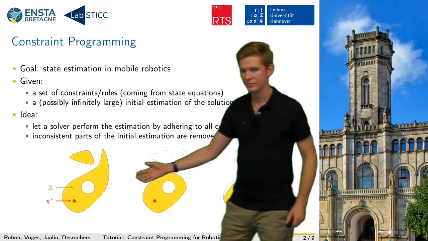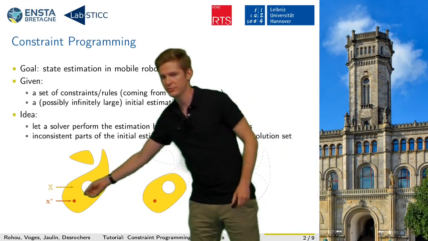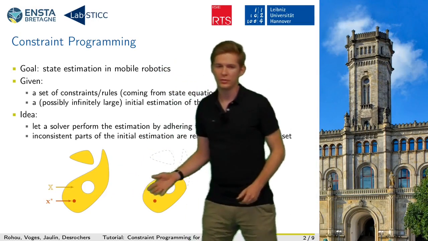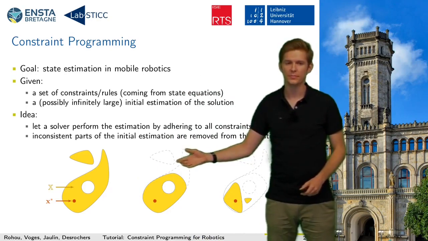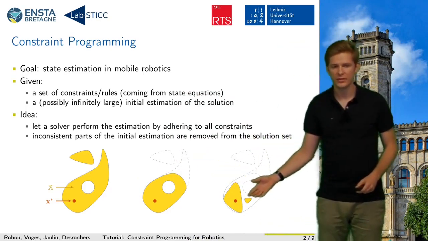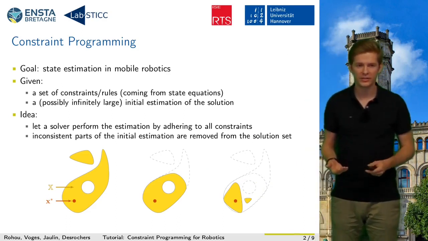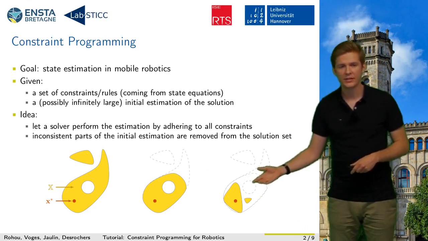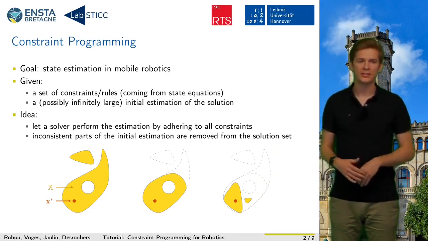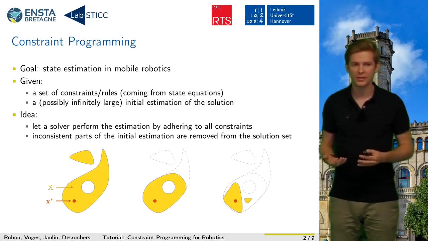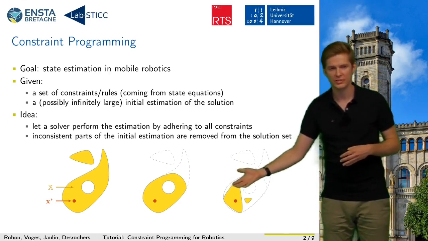So here, starting from this initial yellow solution set and here the true solution X star, we remove inconsistent parts of the solution set until we arrive at a much smaller solution set. But the important thing is this smaller solution set still is guaranteed to contain the true solution, and so we are able to approximate the true solution without saying where the true solution is in this set.